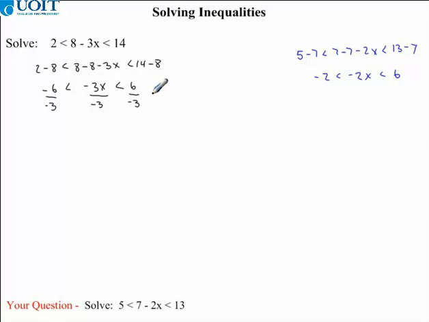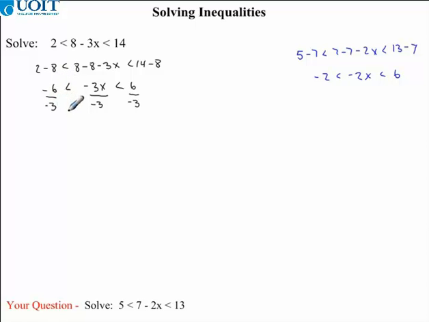Now I mentioned earlier, whenever we divide or multiply by a negative number, we need to change our inequality signs. So in our next step, instead of having less than symbols, we're going to have greater than symbols, since we're dividing by a negative number.